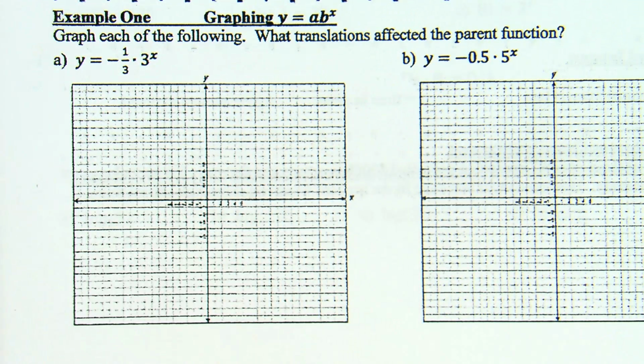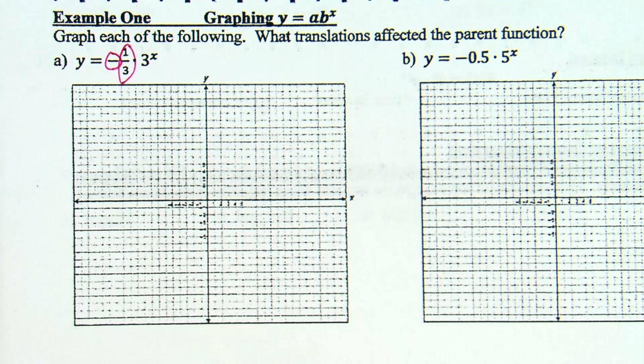Okay, transformations. What do we have here? Kendra? Okay, a negative sign, right? A negative sign says we're going to reflect across the x-axis. What else do we have going on? Multiplying by 1/3, which is a number less than 1, not 0, 1. That is a shrink.